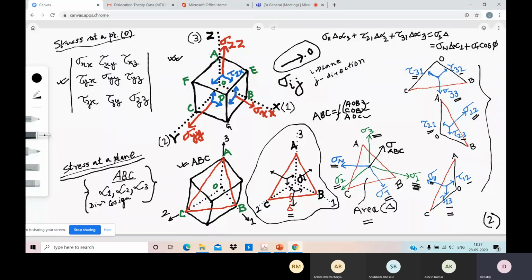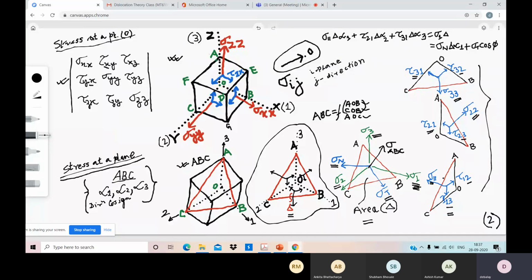That's why we can balance them. These three values are the stress components acting along the direction 1.